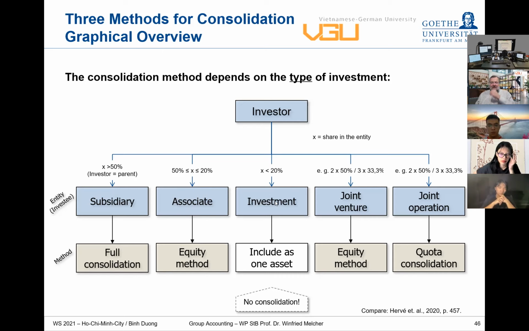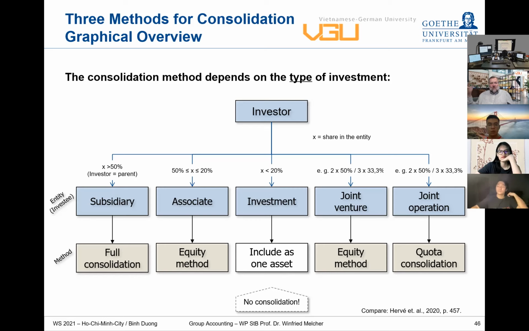When we have an investment, well, that's the easiest part. We just leave that investment, which is shown in the single financial statements of the investor, because the investor has acquired that investee, and just include it as one asset in the group accounts.